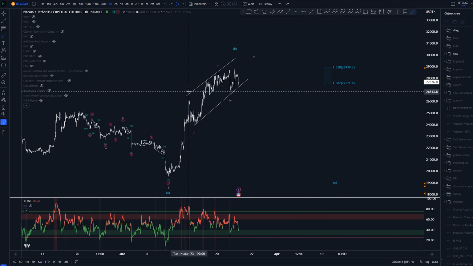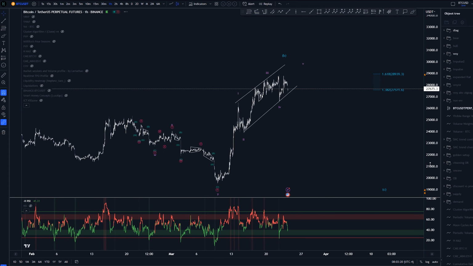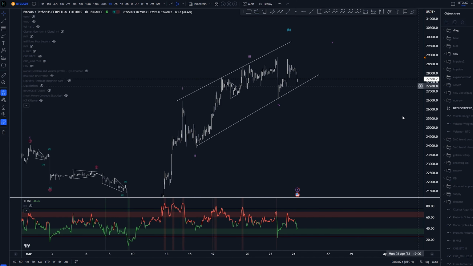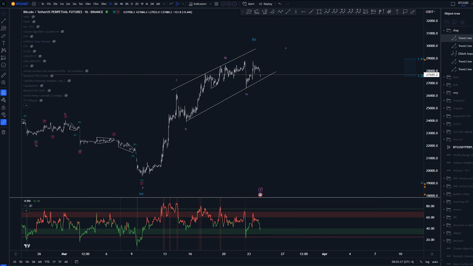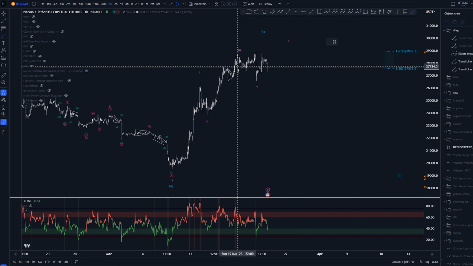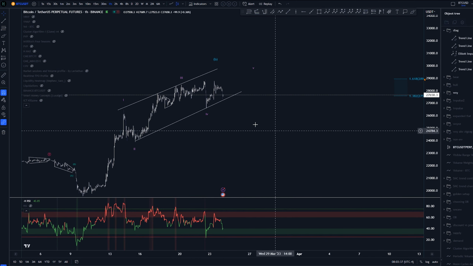We did not overlap wave 1 with wave 4. However, I've still labeled this in a diagonal fashion, because otherwise, if we are not labeling it as a diagonal, it just looks horrible. The extension targets are really not meeting, so I'm just considering this as an alternate for now. But keep that in mind.